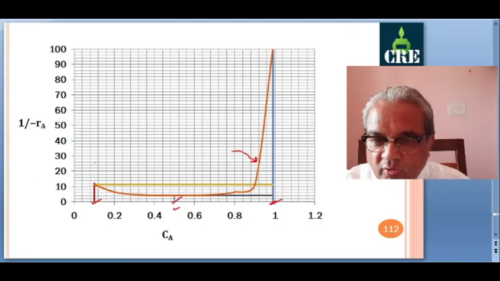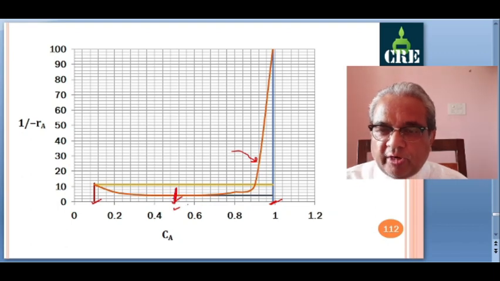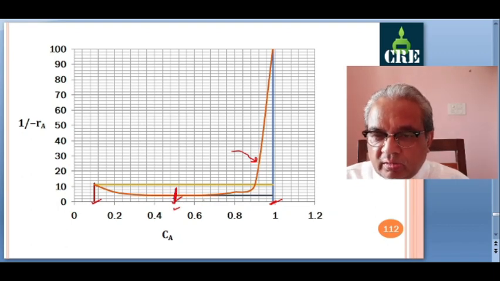Now how to locate this point? This we have seen for 0.5. Now you can take some points here and see this. This is the smallest possible rectangle for mixed flow, and similarly this area is also small.